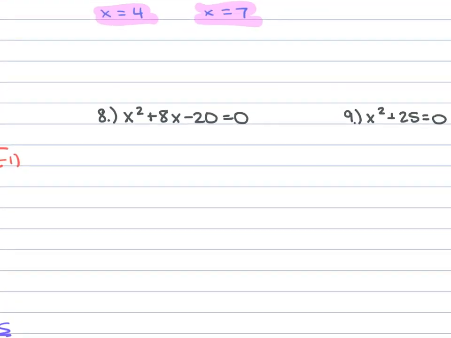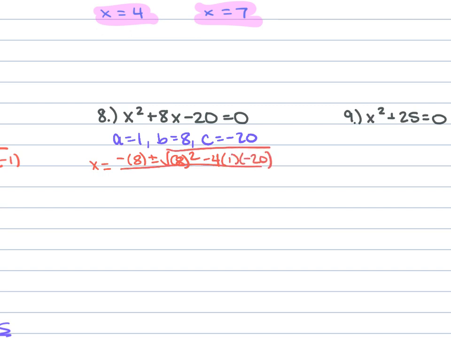For 8, we have x squared plus 8x minus 20 is equal to 0. So for this one, we are going to have an a of 1, a b of 8, and a c of negative 20. So this is going to be x is equal to negative 8 plus or minus the square root of 8 squared minus 4 times 1 times negative 20 all over 2 times 1.